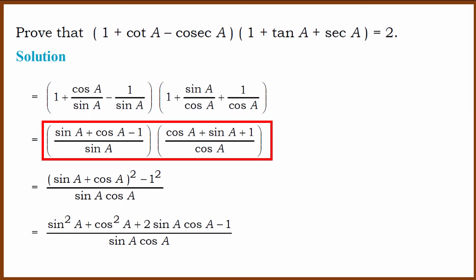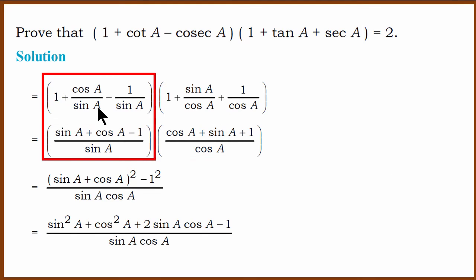The second step is simplification of the terms from the first step. If you take, for example, this block here, we see that sin A is a common denominator for these two terms.